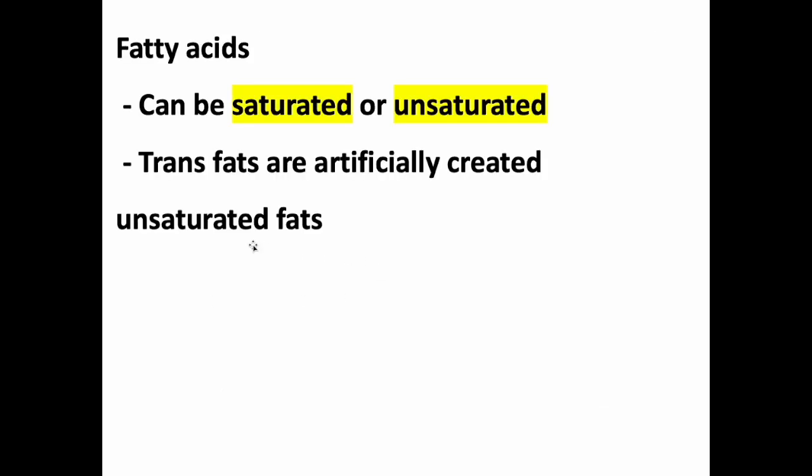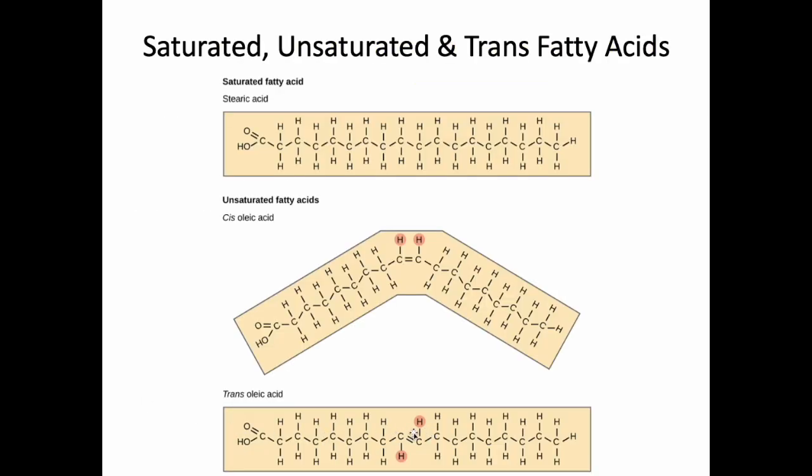Again, I'm not going to write this down, but diets high in trans fats in specific are correlated to increased risk for heart disease and atherosclerosis. So these things are generally pretty bad for you, and they're not found in too many foods these days. But if you're curious what that is, it is an artificially created unsaturated fatty acid that is still straight like a saturated fatty acid.